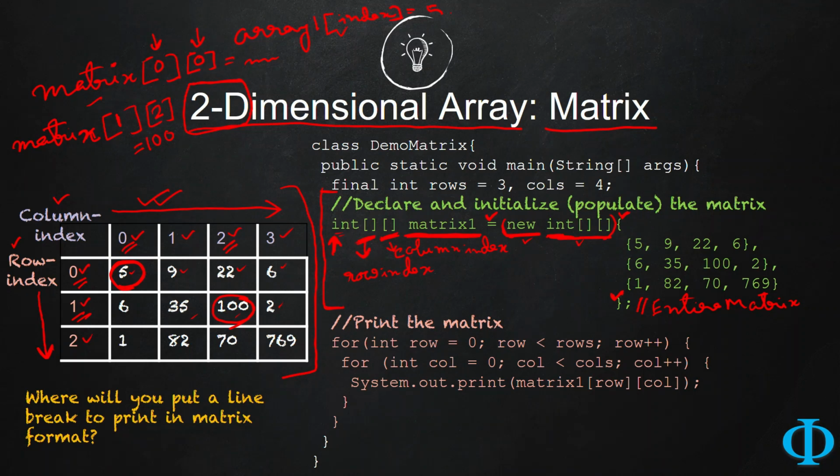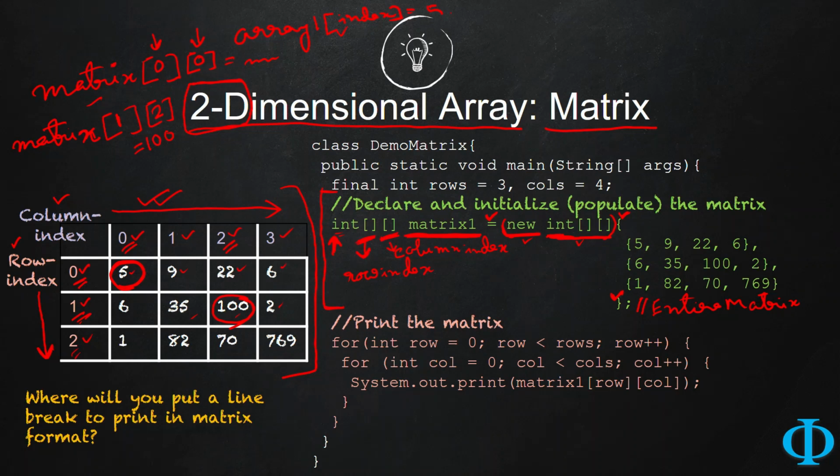Now inside the entire matrix, what do you have? You basically have a set of rows, right? So for example, you have row 0, row 1, row 2, like this. So now it's time to put the values in each different row.